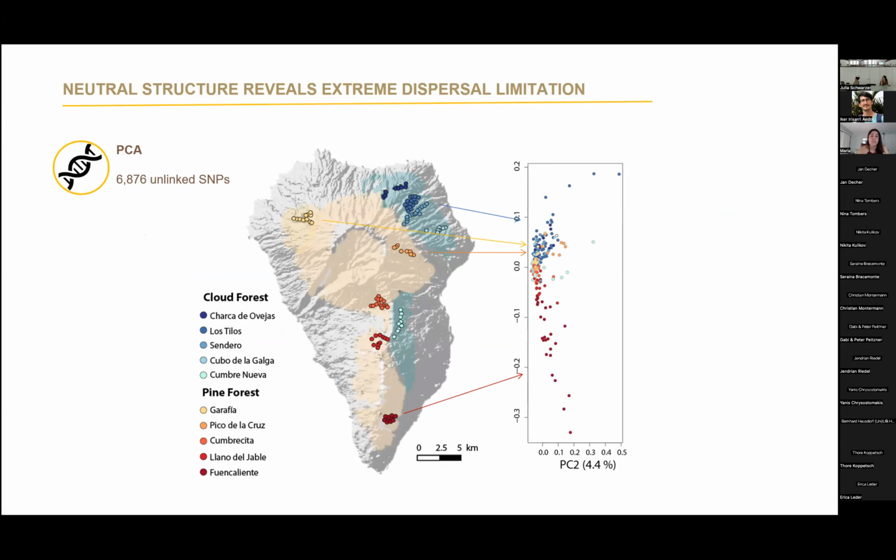So this suggests that the common chaffinch has a really extreme dispersal limitation within the island. Its capacity to fly is perfect, so it's just that they don't move around so much. And it was significant for isolation by distance, which means that the genetic differentiation is correlated with the geographic distance.